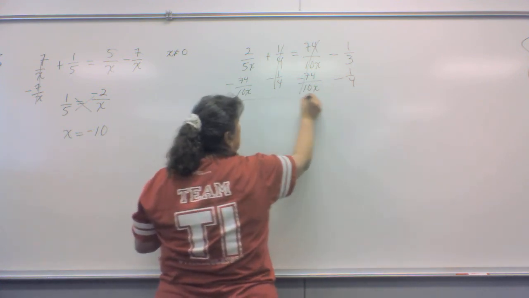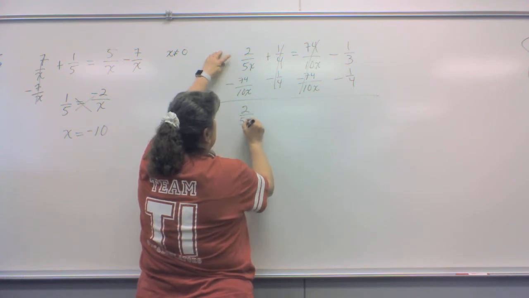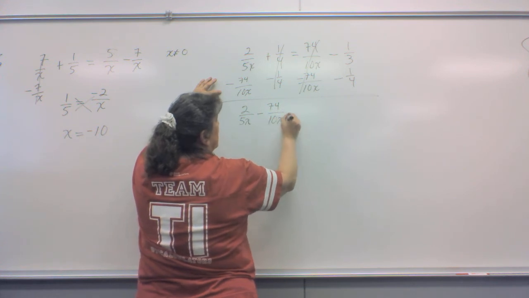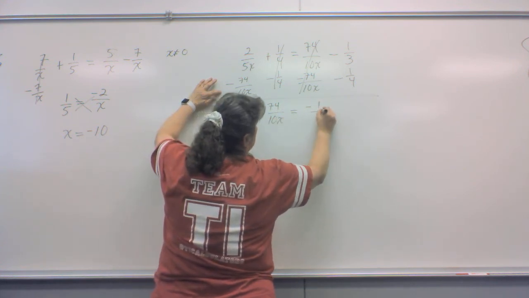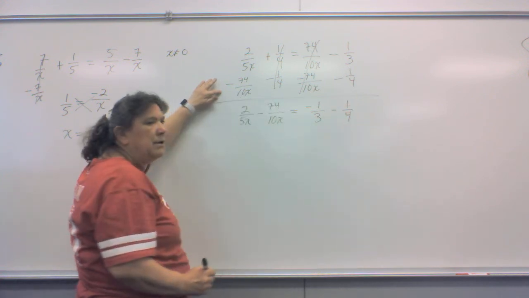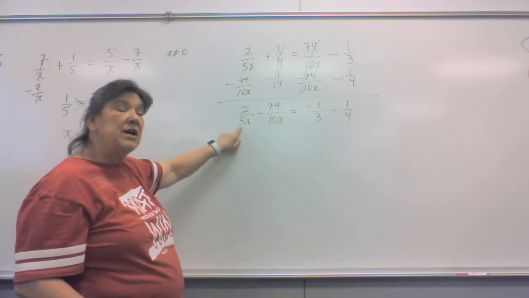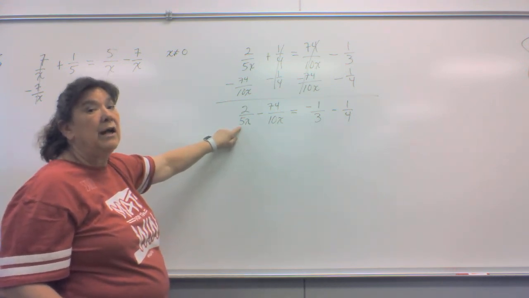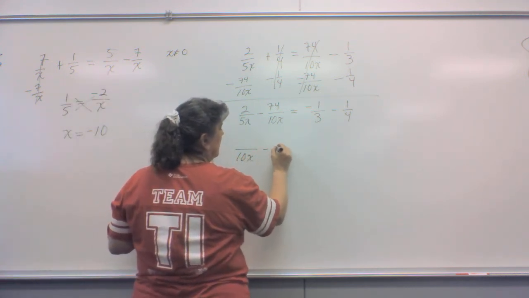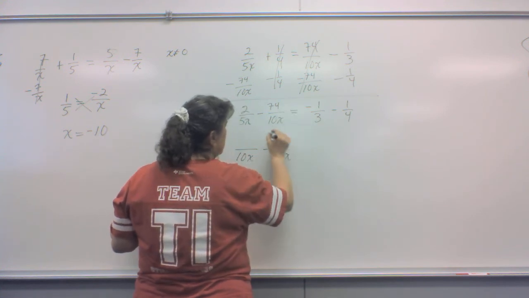So this is going to be rewritten now as 2 over 5x minus 74 over 10x is equal to negative 1/3 minus 1/4. Okay? Common denominator here. Well, 5 times 2 gives you 10, and so that would give me my 10x as my common denominator. This one has no change, so it comes just as it is.